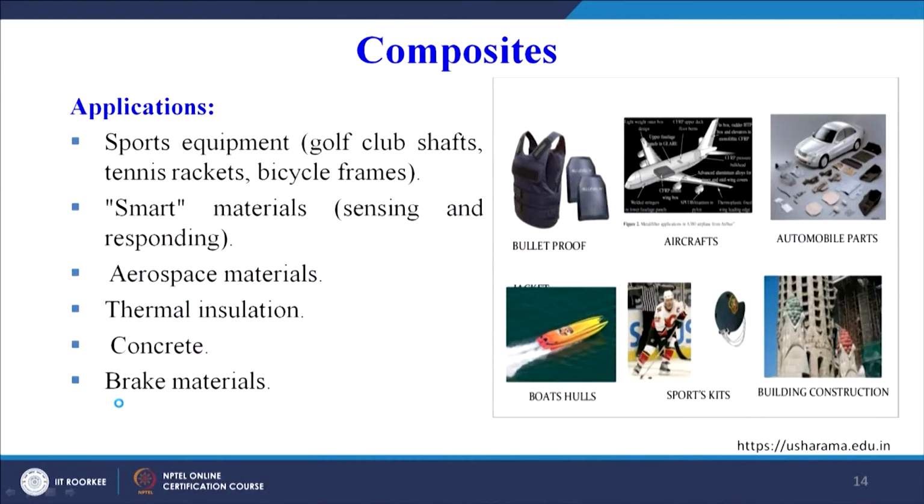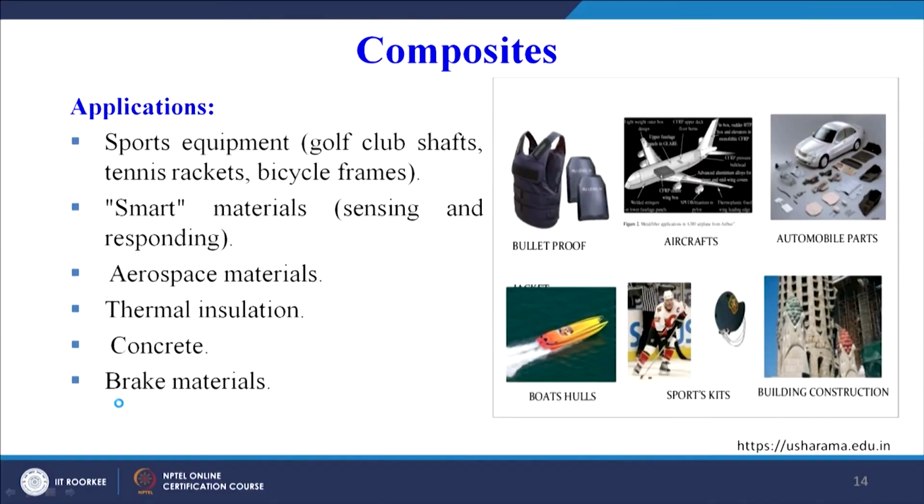Now the application areas of composites. They are used in sports equipment: golf club shafts, tennis rackets, bicycle frames. Smart materials are used for sensing and responding. Aerospace materials are used for lightweight applications, because we have already seen that high strength to weight ratio is one advantage of composite materials, specifically polymer matrix composites, and therefore they find a lot of application in the aircraft industry.